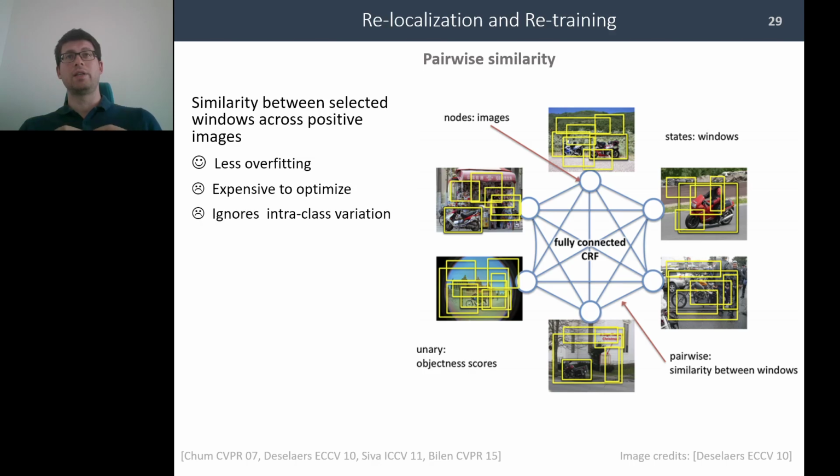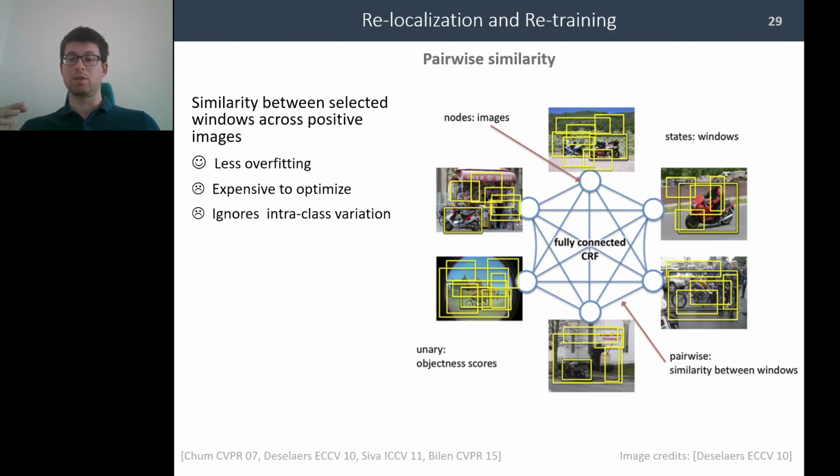The key idea here is the object instances of the same category should be similar to each other in some feature space. They have shown that the pairwise similarity can be modeled with a fully connected CRF where images are the nodes and states are the windows. Basically, the goal is to find a high scoring window. Unary terms come from the objectness scores.